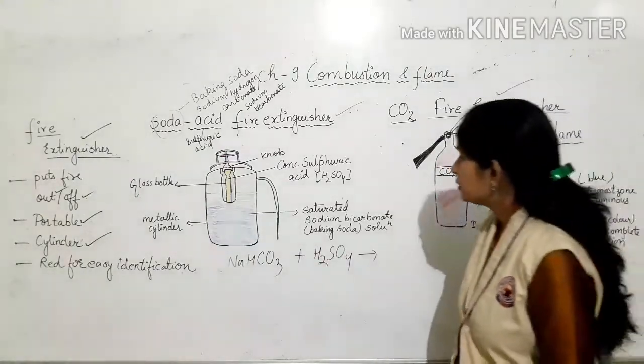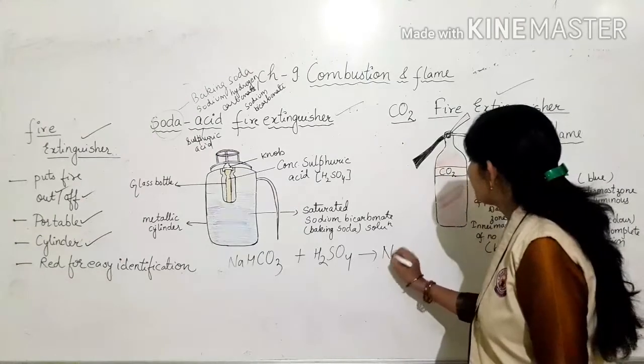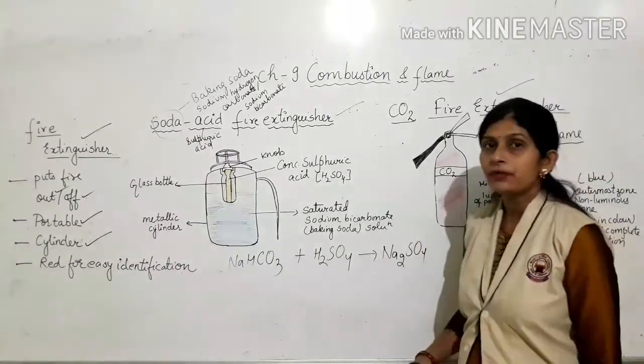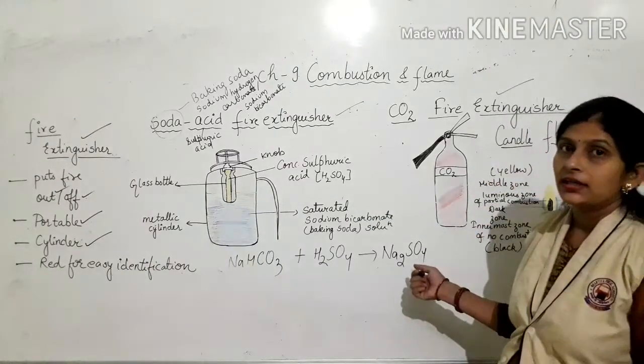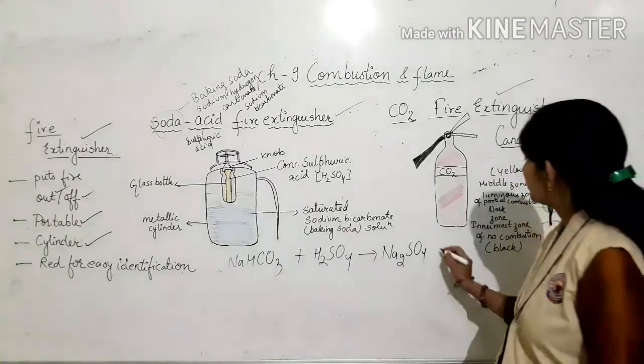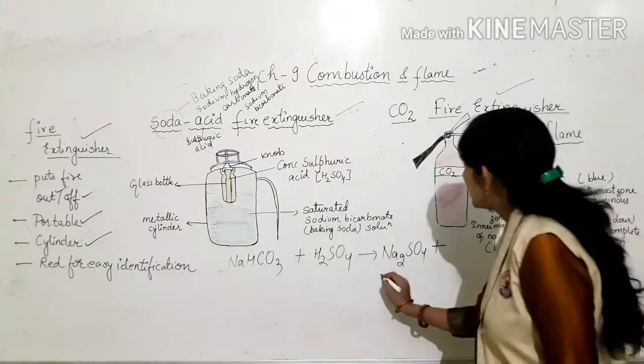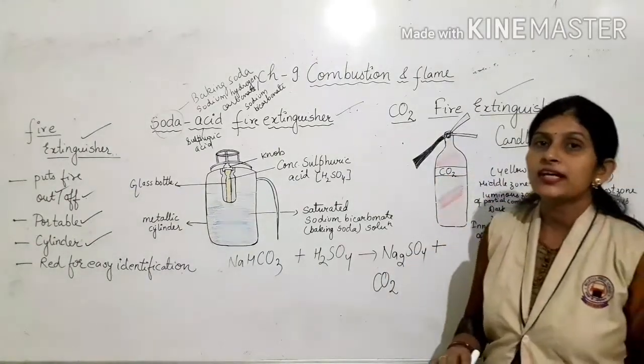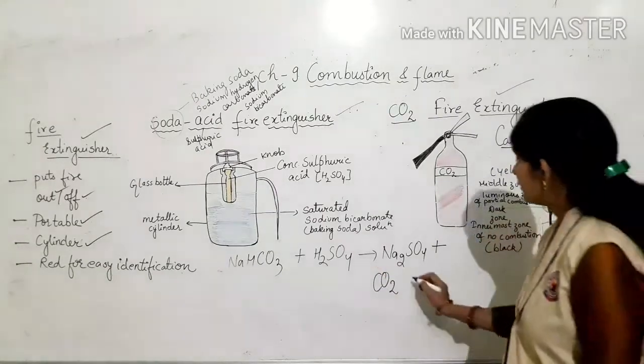As a result, sodium sulfate solution is formed. It is a kind of salt. Its solution is formed. Along with this, large amount of carbon dioxide is released, which extinguishes the fire.